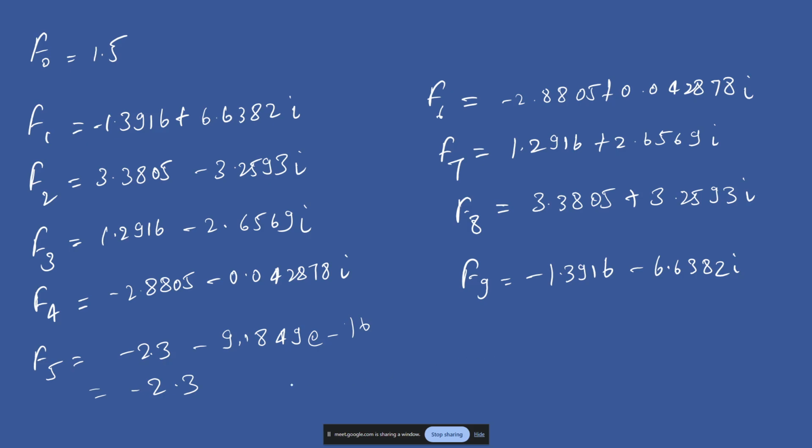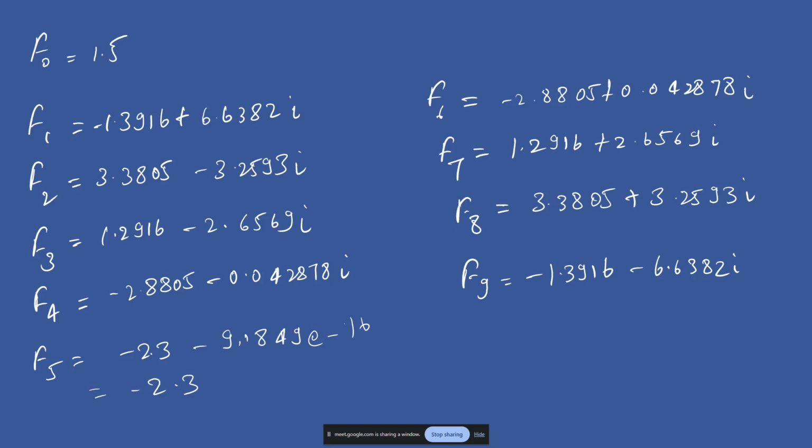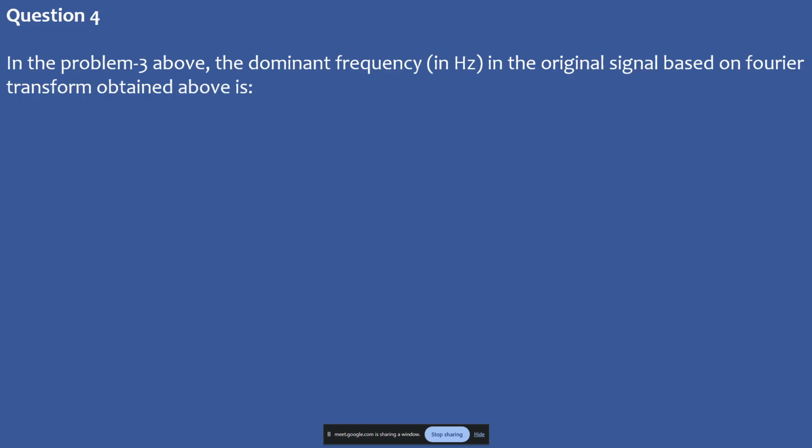So once you get all these f values, you need to take the absolute values to get the final discrete values for the Fourier transformation, because you can't represent these numbers in the real space. So that's why we'll be considering the absolute values of all these imaginary numbers which we got till now.